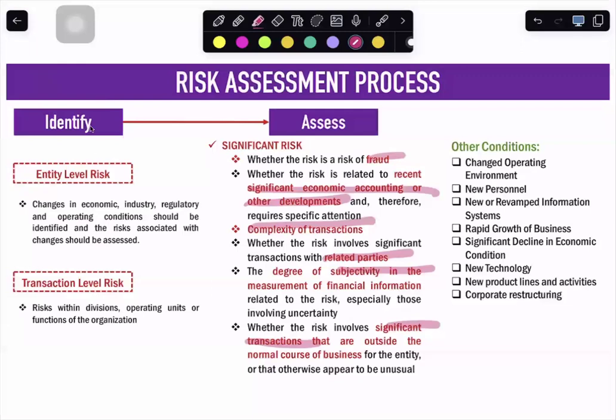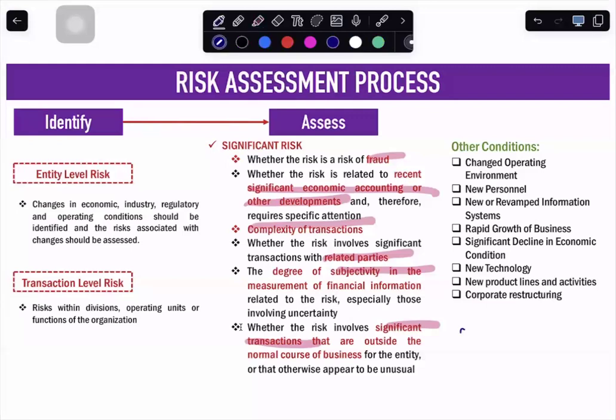Now, other conditions could be change in operating environment, personnel, growth of business, technology, restructuring, etc. But as we have discussed before, during your audit planning, you have really just few considered as significant risks.